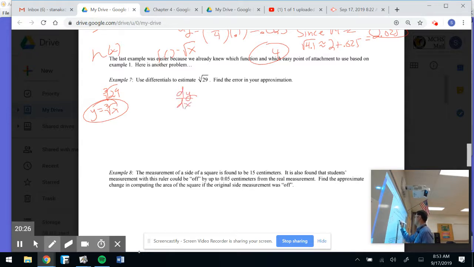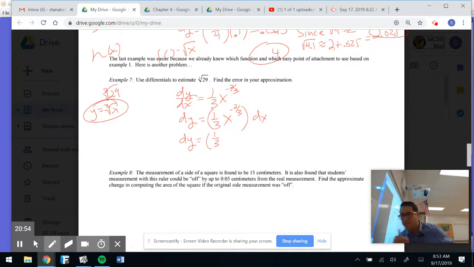dy/dx is equal to the derivative, which would be 1/3 x to the negative 2/3. Okay. And then I'm going to multiply by dx on both sides, right, class? Because I want my slope at the point of attachment, and I'm going to multiply it by my change in x. Now, I don't want to put a 29 in that x, because then I will need a calculator, and I don't want to use a calculator.